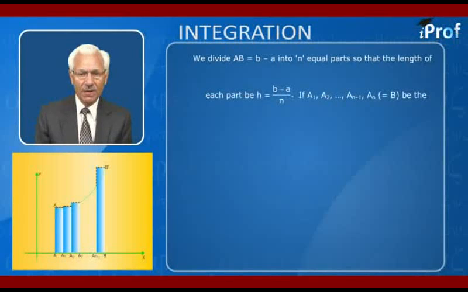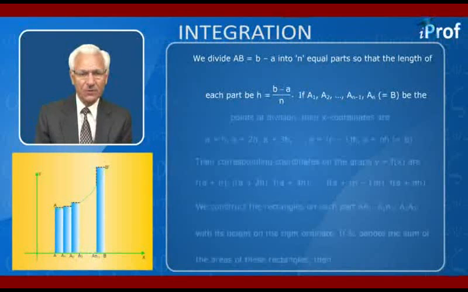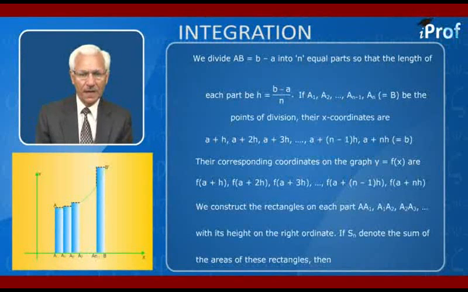If A1, A2, A3, ..., An minus 1, An, which is equal to B, be the points of division, their x coordinates are a plus h, a plus 2h, a plus 3h, and so on, a plus (n minus 1) times h, and a plus nh, which is equal to b. Their corresponding ordinates on the graph of y equal to f(x) are f(a + h), f(a + 2h), f(a + 3h), f(a + (n minus 1)h), and f(a + nh).